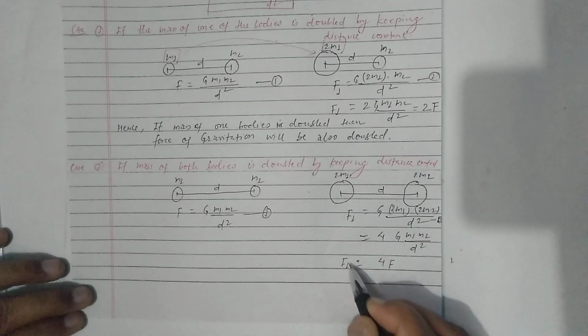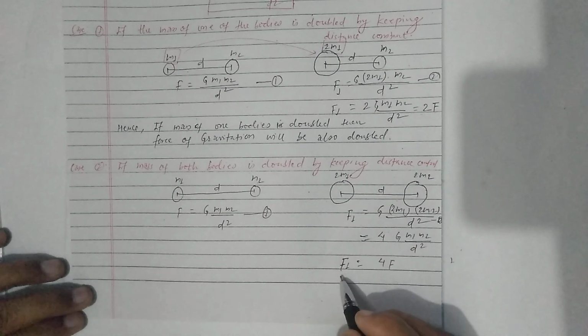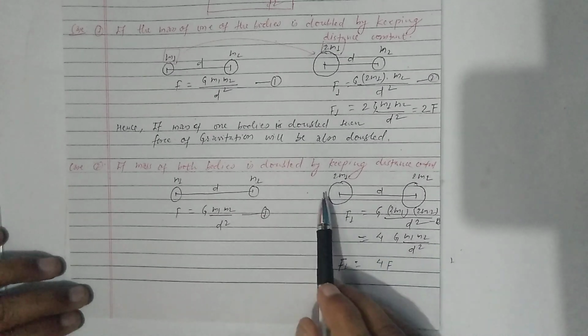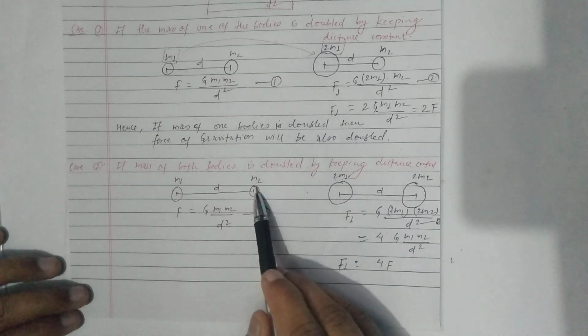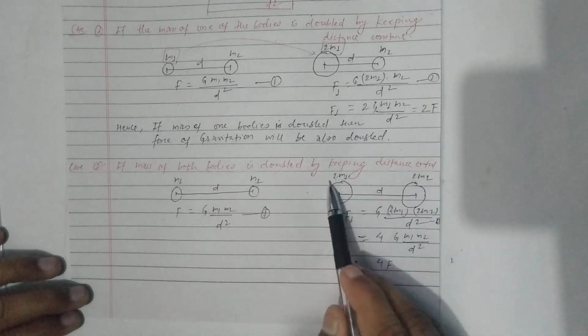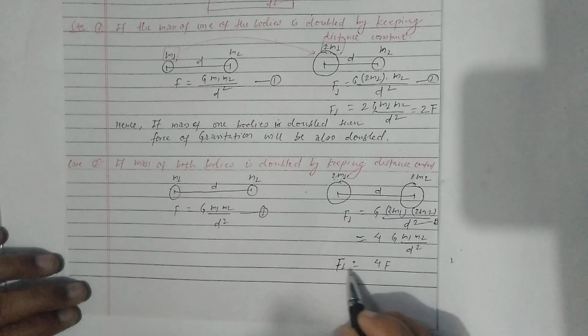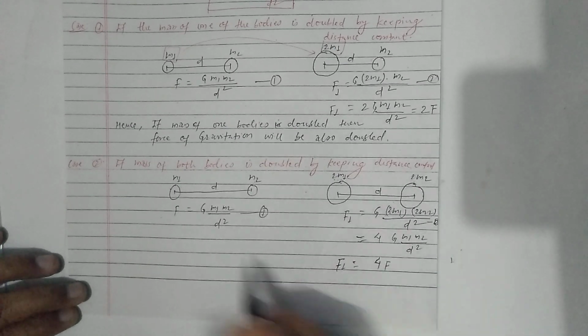So you can see here, when the mass of both bodies is double, this m1 is also double, and m2 is also double, 2m2 and 2m1. So the force of attraction you can see here is 4 times this force.